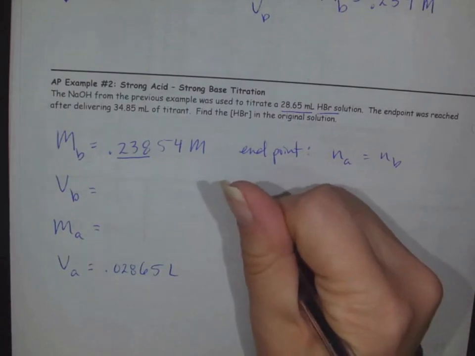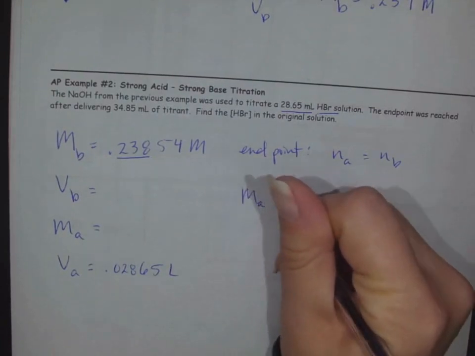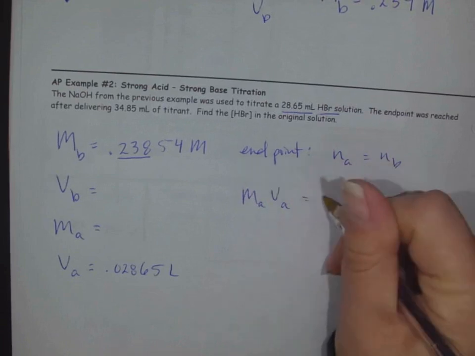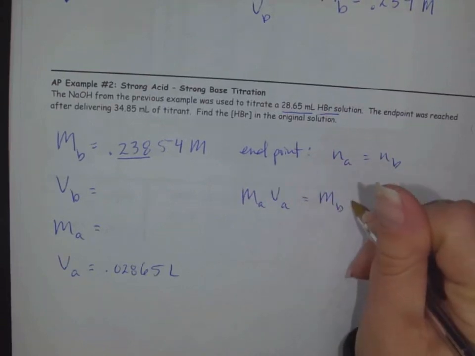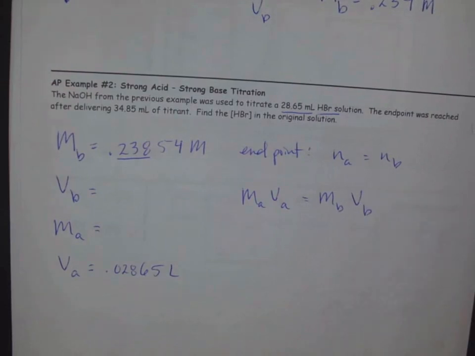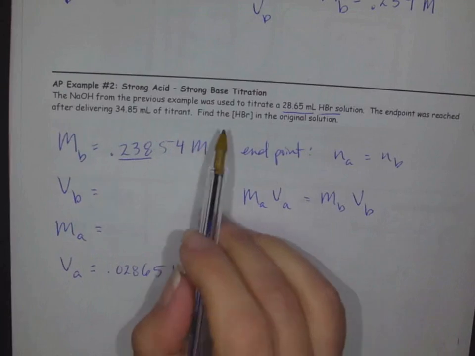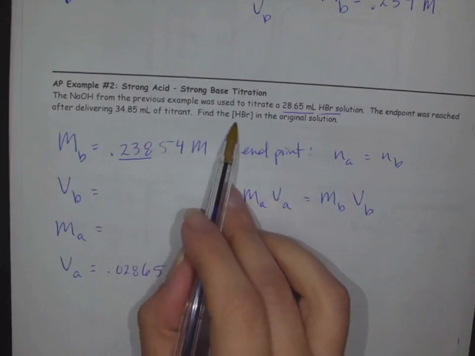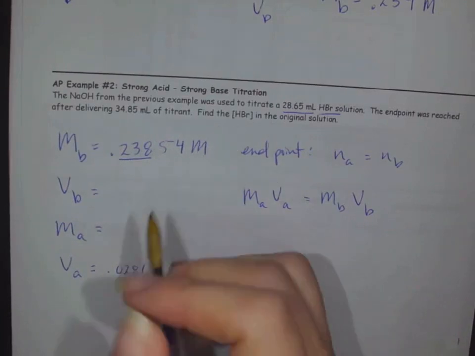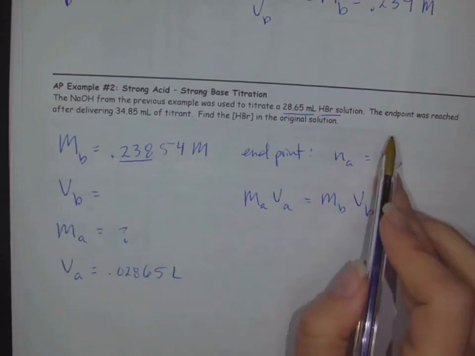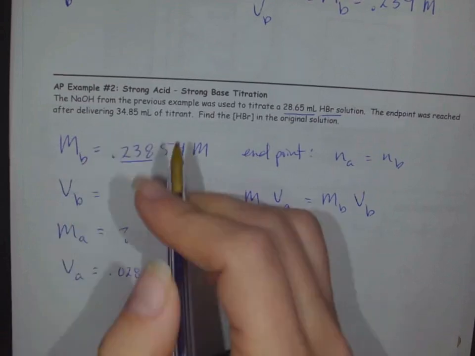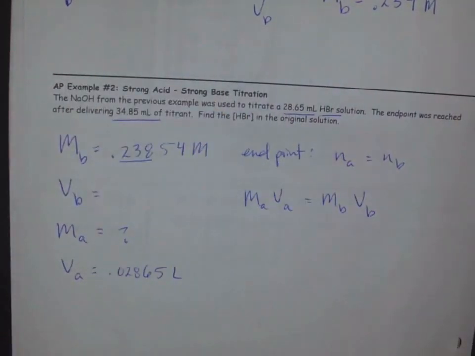And so we're going to say, well, moles of the acid times volume of the acid will equal moles of the base times volume of the base. Okay, so we are finding the concentration of the acid, and the endpoint was reached after delivering this many moles of that titrant, right?